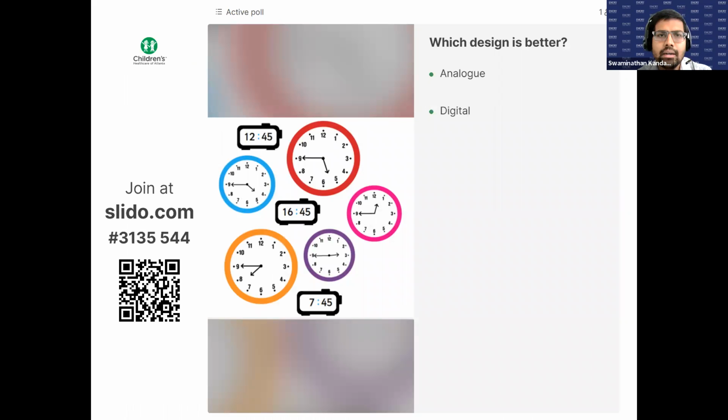Before we get into some of the ideas from human factors engineering, I want to start by thinking about how we approach design in general. And if you can maybe answer this question on which design you think is better for clocks.